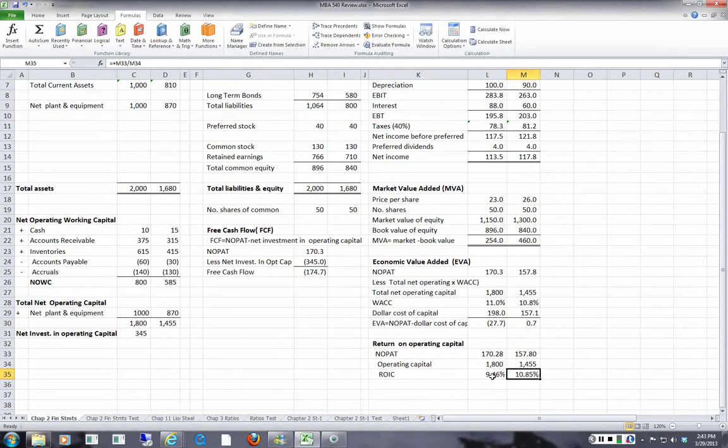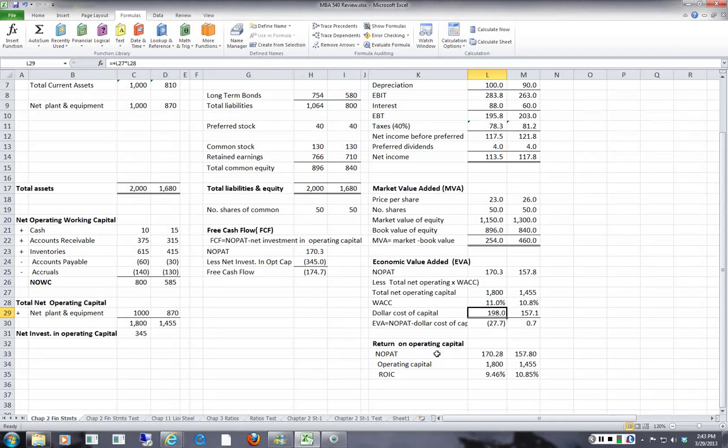Now, 9.46 is not good enough, because in this economic value added, EVA, we've got the NOPAT up there, and we've got that total net operating capital of $1,800,000 and $1,455,000, and the weighted average cost of capital is 11%, and so 11% times that $1,800,000 is $198,000, and that's the dollar cost of capital, and that's what this return on operating capital needs to be, or at least that's what the NOPAT needs to be.